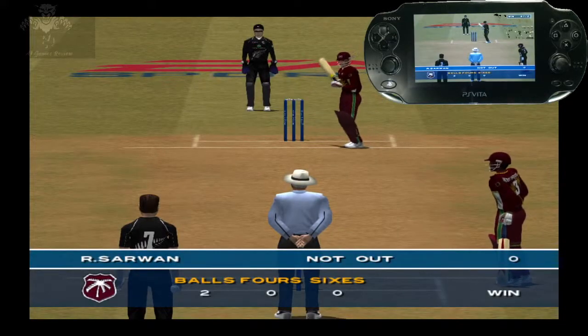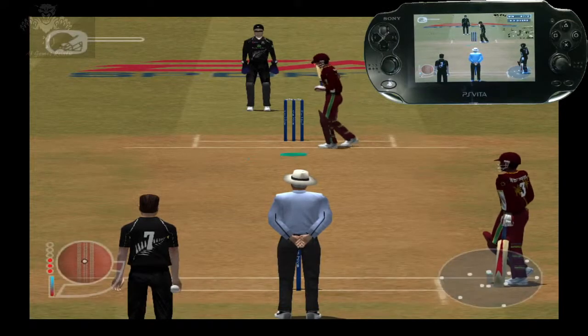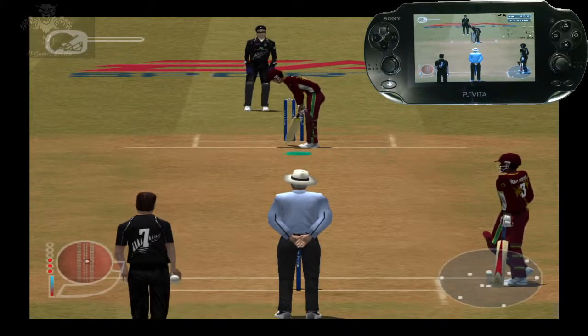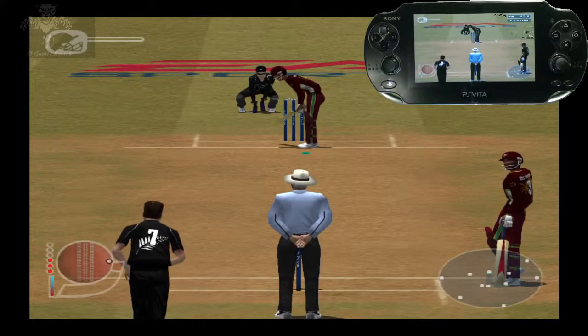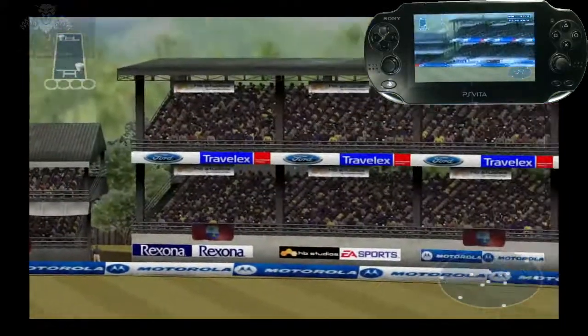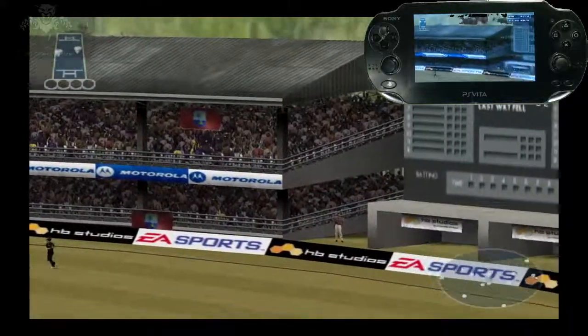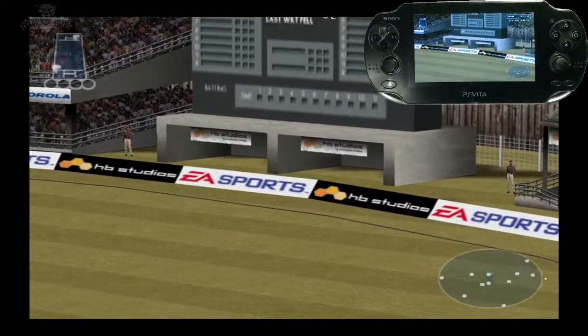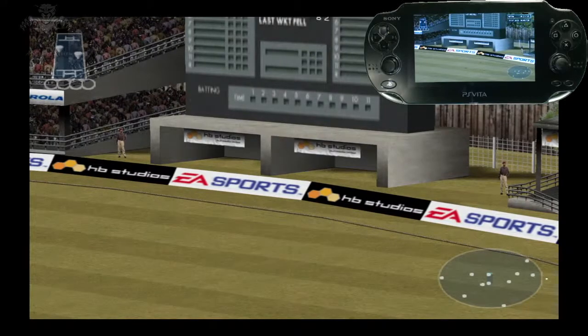Forum to Sawan. Smashed that one right out of the ground. Sawan absolutely smashed that to six.